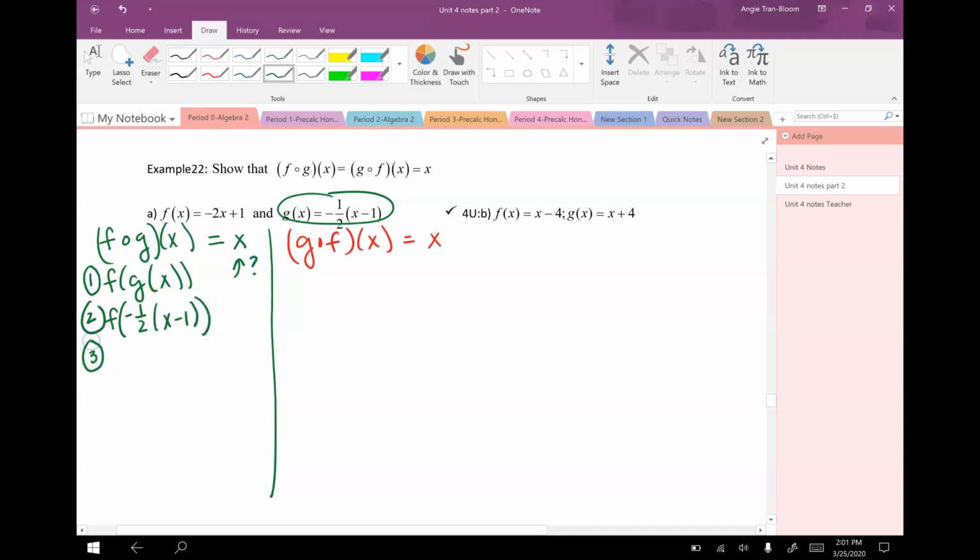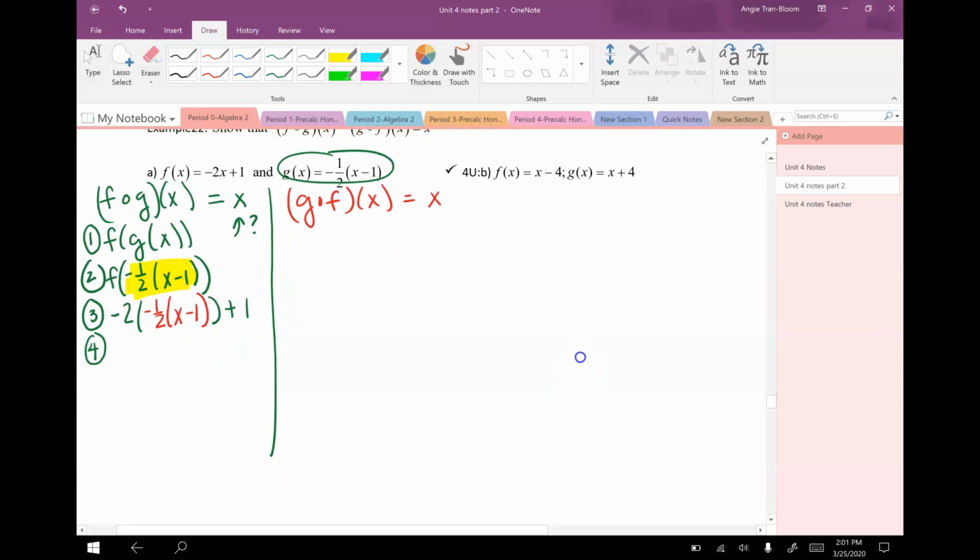Step number 3, now look at the f function. Every time you see an x in the f function, which there's only one, you will substitute that whole x with this piece right here, which is -1/2 times the quantity of x minus 1. From here, the rest is just algebra.